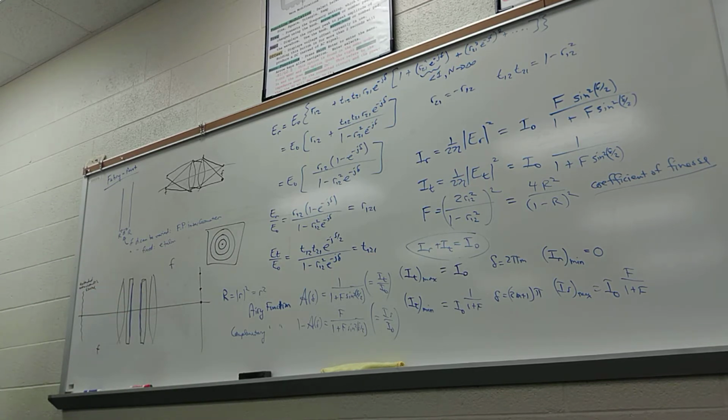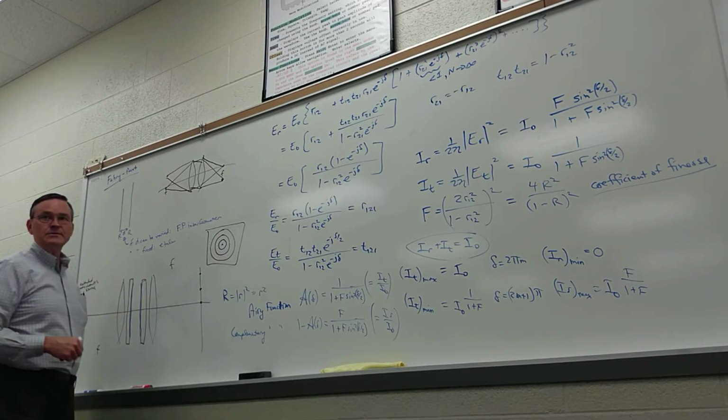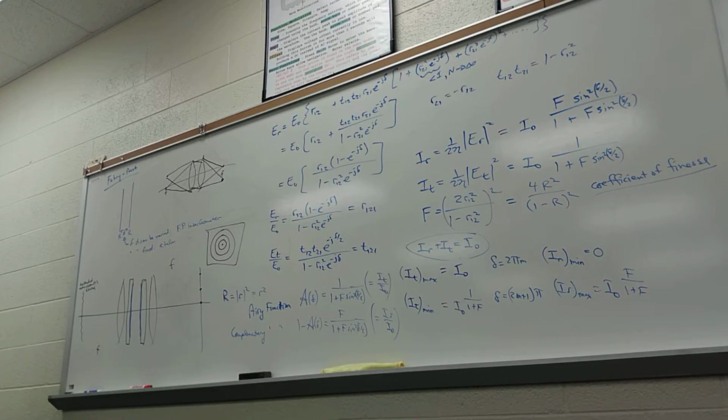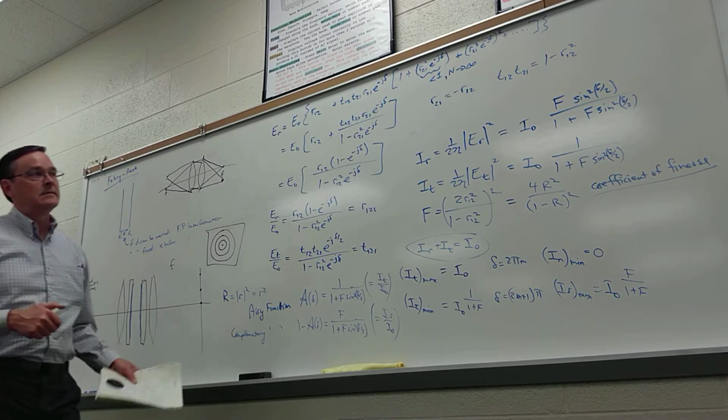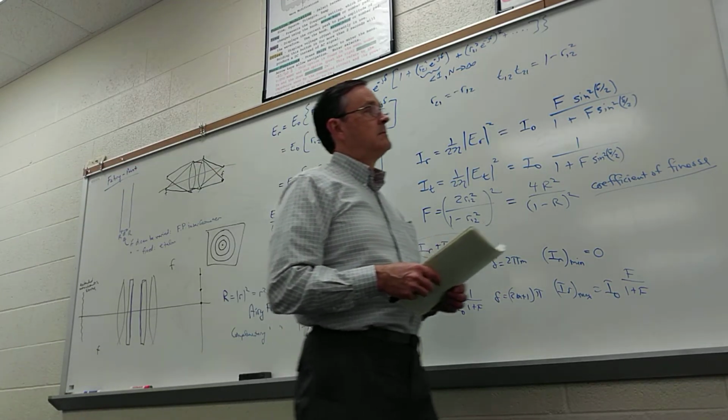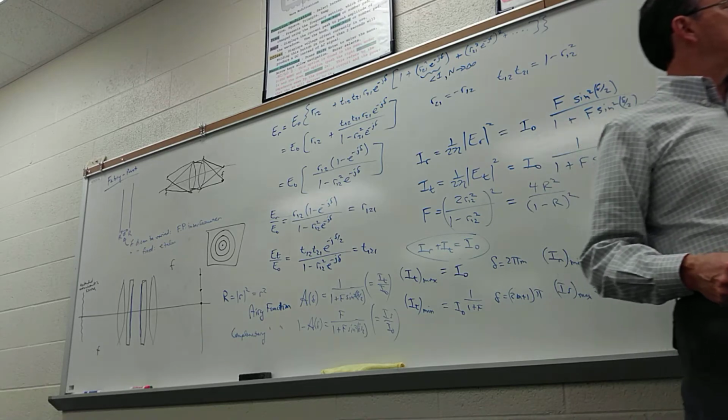Make sense? And then how wide are these interference fringes? The fringe itself. It depends on R squared.